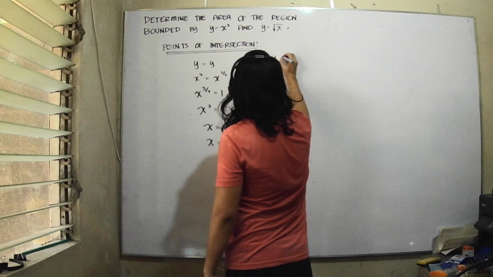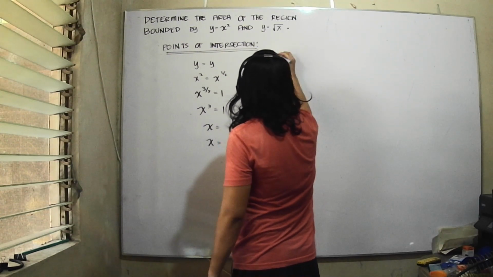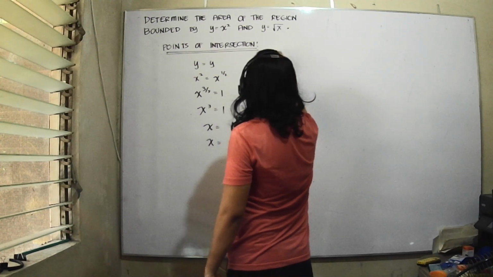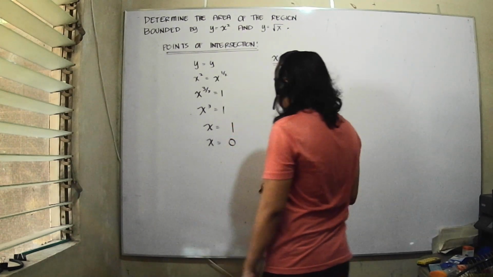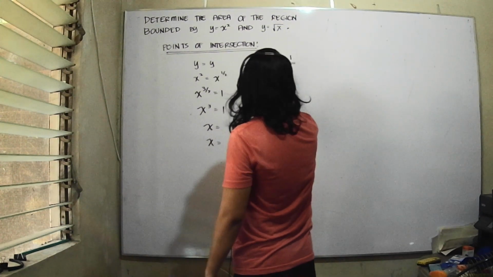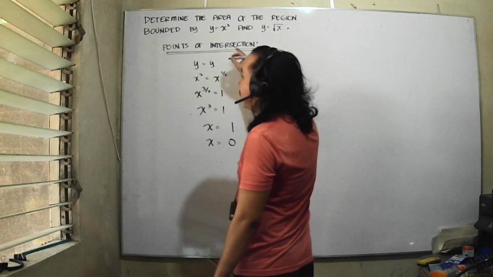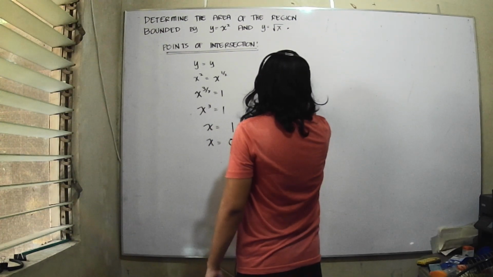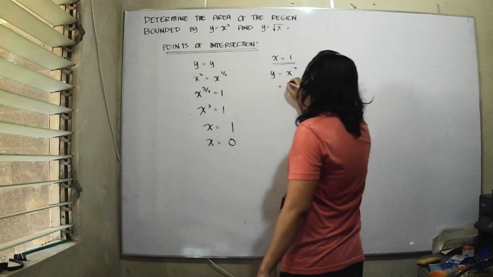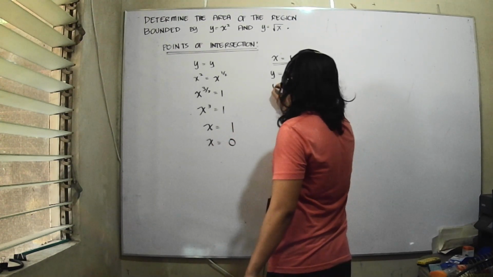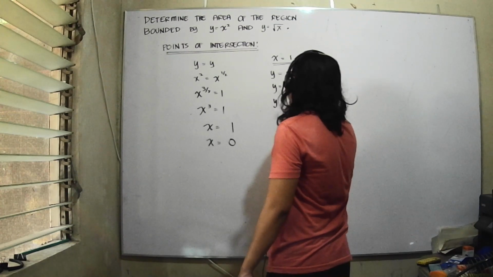Let's try out x is equal to 1. When x is equal to 1, I can choose another curve, y is equal to x squared. When x is equal to 1, squared, y is still 1.